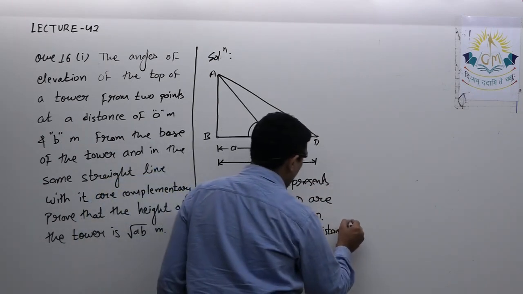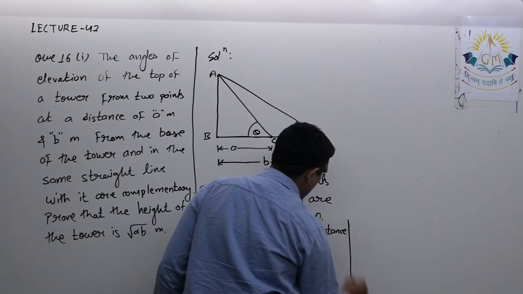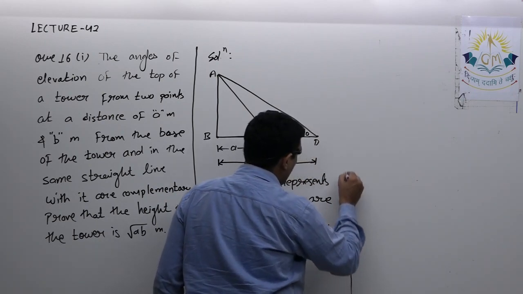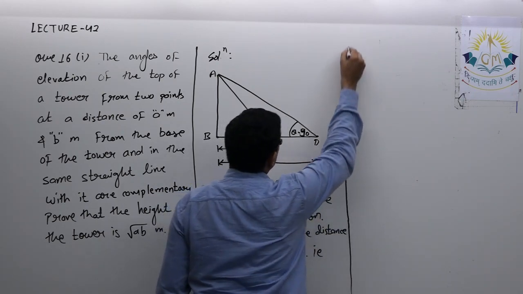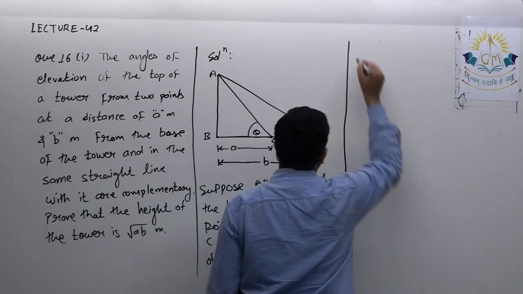Further it is written that the angles of elevation of the top of the tower from these points are complementary.